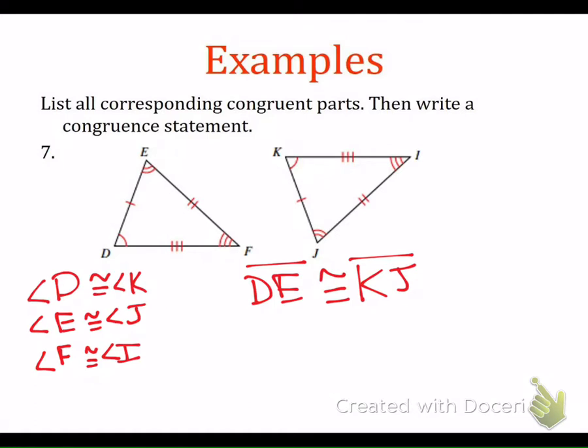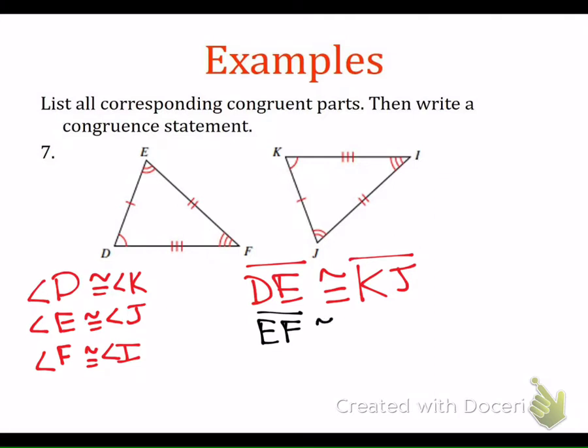You have to go with the corresponding parts, okay? So if you're starting at angle D and going to angle E, you have to start with K and go to J. Like a square E without the bottom. Okay, so I'm going to go from the angle with 2 to the angle with 3 now. So EF would go to JI.